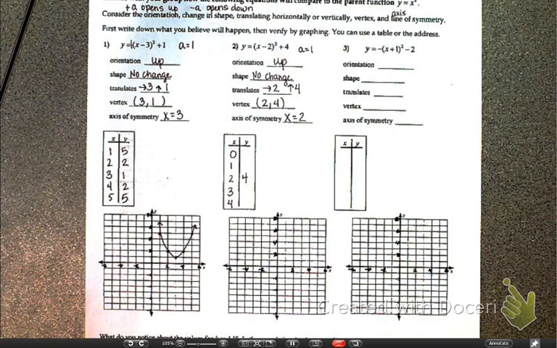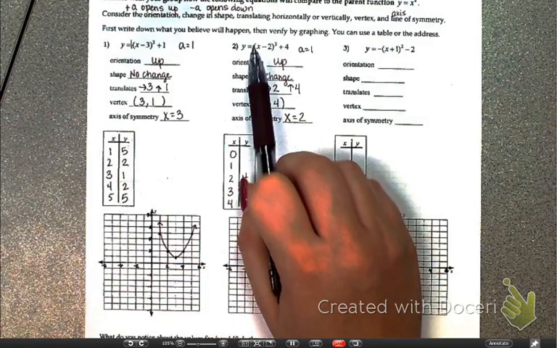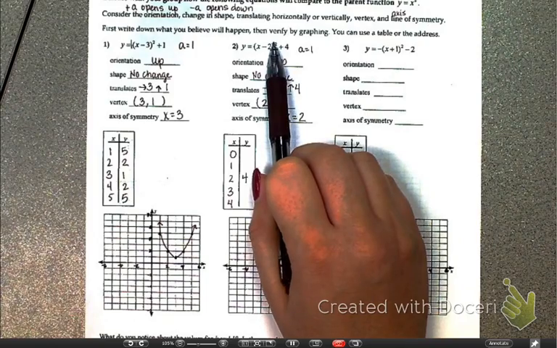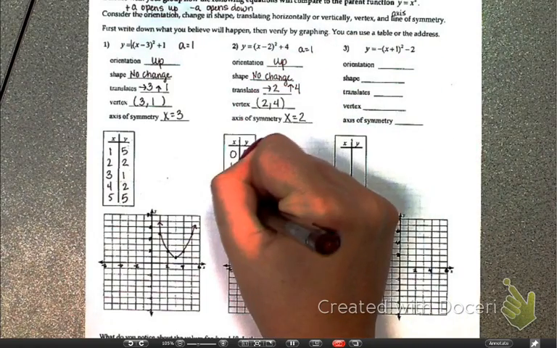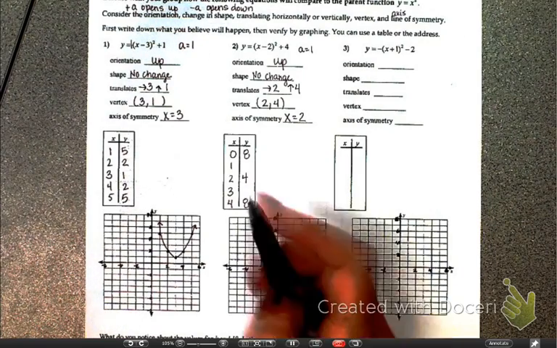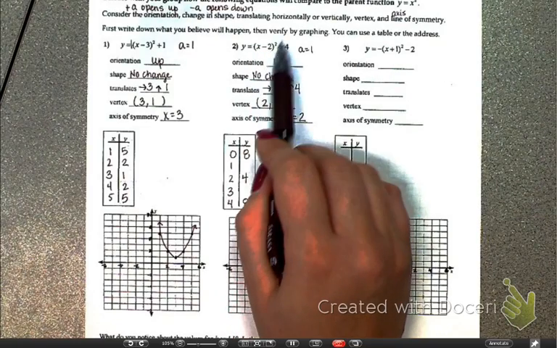All right, so if I plug in 0, because I'm going to plug in the easier numbers, 0 minus 2 is negative 2. Negative 2 squared is 4. 4 plus 4 is 8. And again, it's symmetrical if I did my math right. If I plug in 1, 1 minus 2 is negative 1. Negative 1 squared is 1.